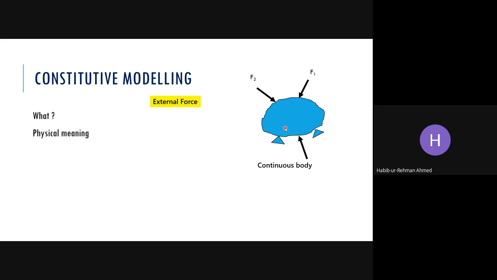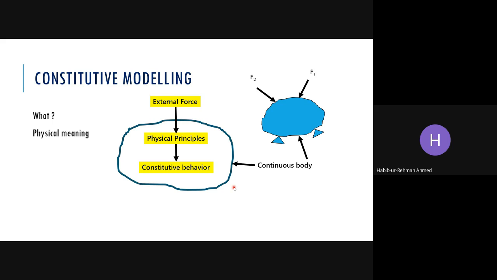When we apply external forces on a body, the reactions come from two aspects of this body: the physical principles and the constitutive behavior. Physical principles remain the same irrespective of the type of material, but constitutive behavior is related to the type of material or the structure of the material. I will start using the terminology structure from now onwards.